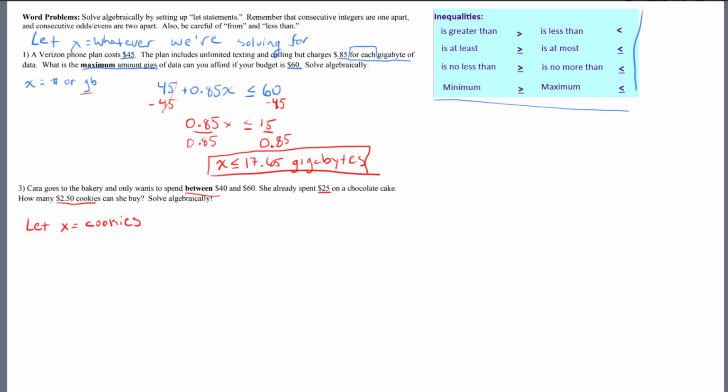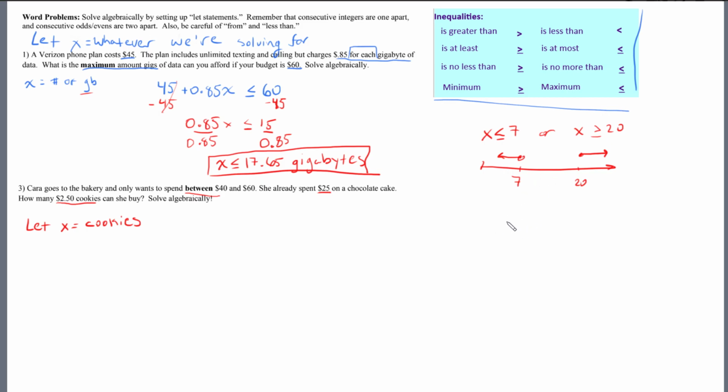Now, this word between is pretty important. Okay, it doesn't show up on our little cheat sheet here, but think about it in terms of inequality statements. When we do or statements, x is less than or equal to 7 or x is greater than or equal to 20. Those are statements where, when we graph them on the number line, our solution value is not in between the two endpoints.